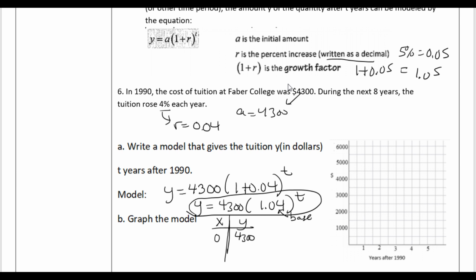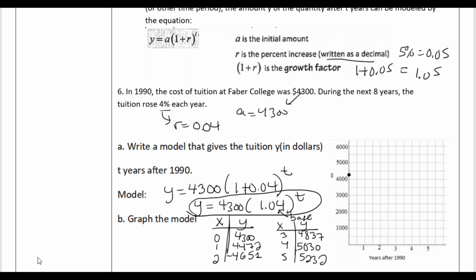All right, so when it's 0, you got about 4,300. So that's around there. Now I'm going to plug in 1 for t, so 1.04 to the first, 1.04 to the second, third, fourth, fifth, and then I'm going to multiply by 4,300 and get my numbers. All right, so I'll write down those numbers and I'll be back.